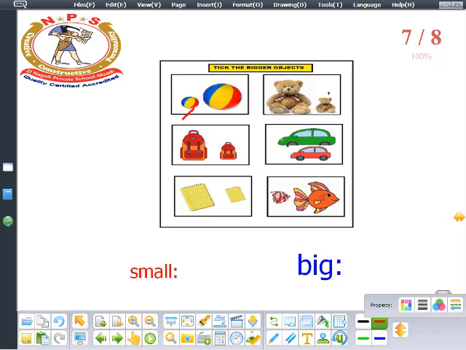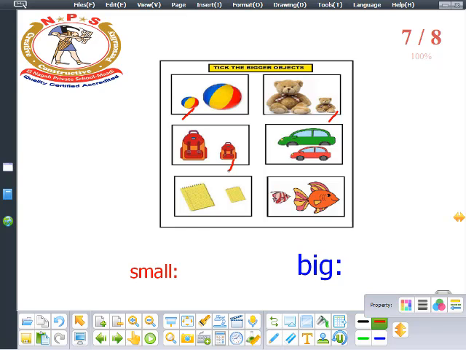What about this bear? It's small, so make it with red. What about this bag? Is it big or small? Excellent, it's big. What about that bag? Is it big or small? Small, so let's make it with red.